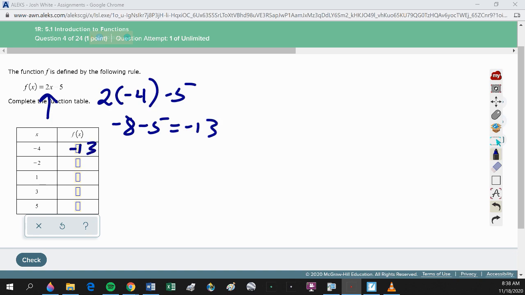Is this a function? How do we know this is a function? Okay, if you know what the graph looks like, it's a line. But here's the question. If you pick an x, will you always get the same number when you plug that x in?